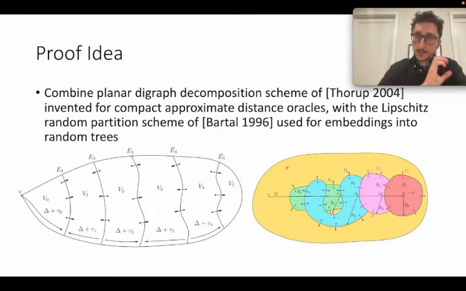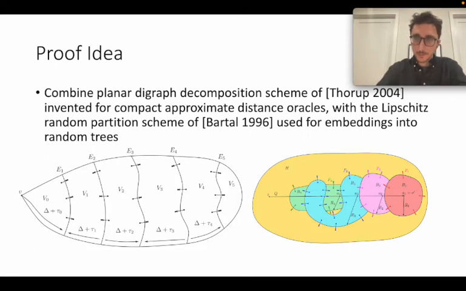And we combine these techniques with the key random partitioning scheme invented by Bartal in his paper for embedding metric spaces into random trees. So what is interesting here is that Bartal's approach also is useful in the directed case in our setting.